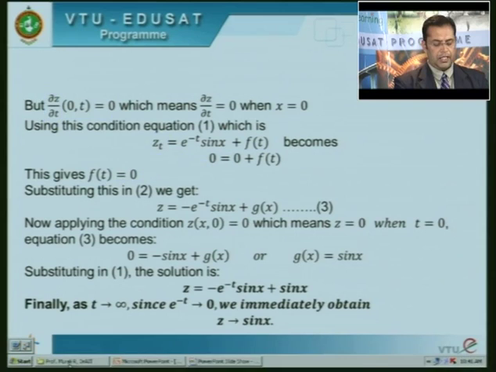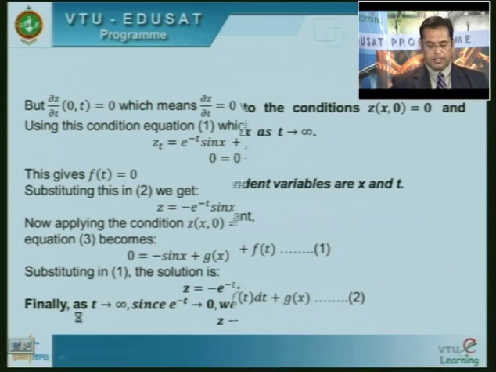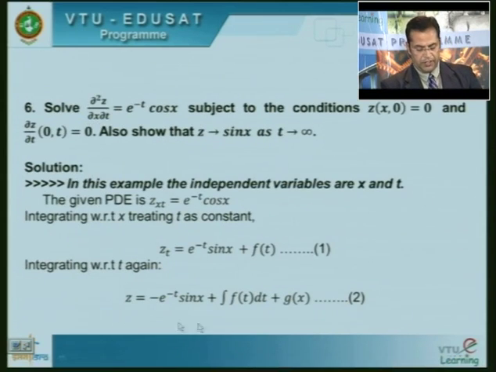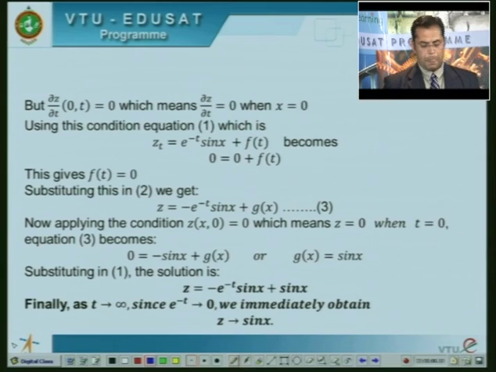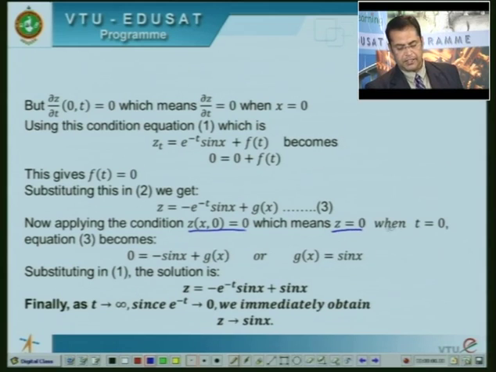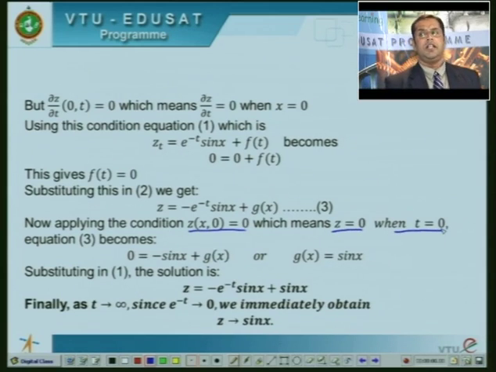Now, before applying the next condition, substitute this f of t equal to 0 in equation 2. So, z becomes minus e power minus t sin x plus f of t becoming 0, plus g of x. Now, apply condition 2, z of x, 0 equal to 0, which means z is 0 when t is 0. Apply that here.